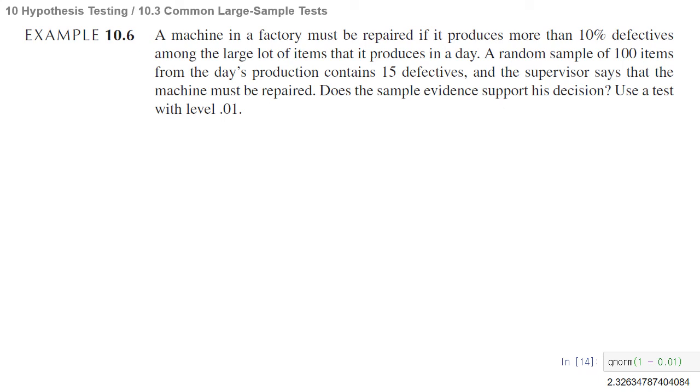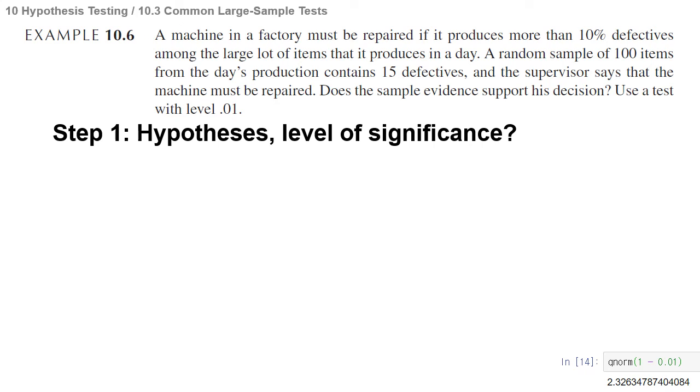A random sample of 100 items from the day's production contains 15 defectives, and the supervisor says that the machine must be repaired. Does the sample evidence support his decision? Use a test with level 0.01. Okay, so first, let's set up the hypothesis and level of significance.